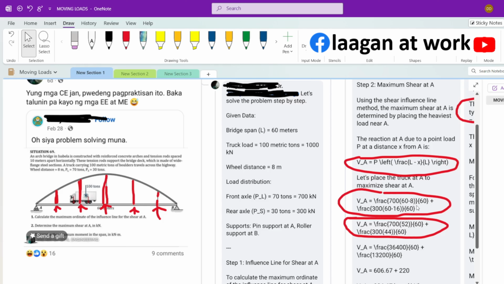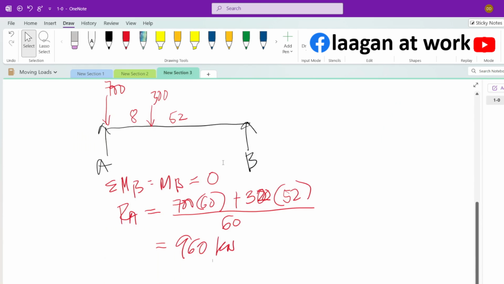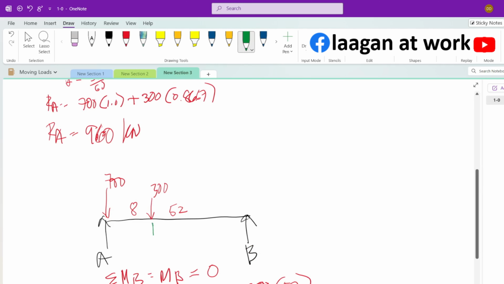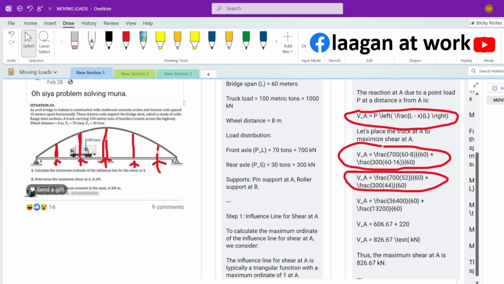This first equation, 700 times 60 minus 8, is as if your load is not on top of the support. Because the only time you multiply the 60 minus 8 is if the 700 is at this location, and then that's why you multiply the 700 by the moment arm, which is 52, 60 minus 8, and then your 300 calculation is 60 minus 16.